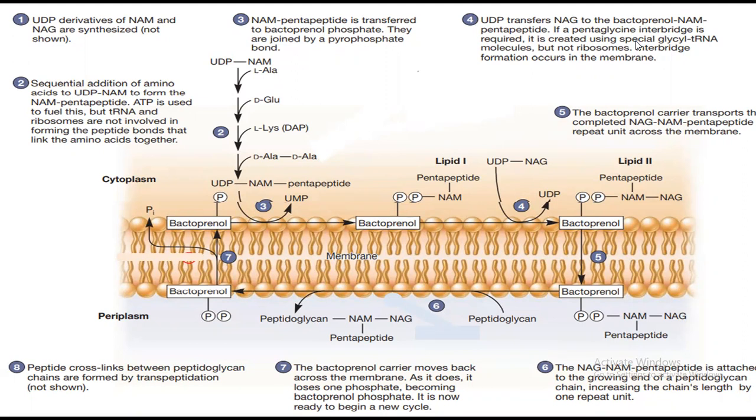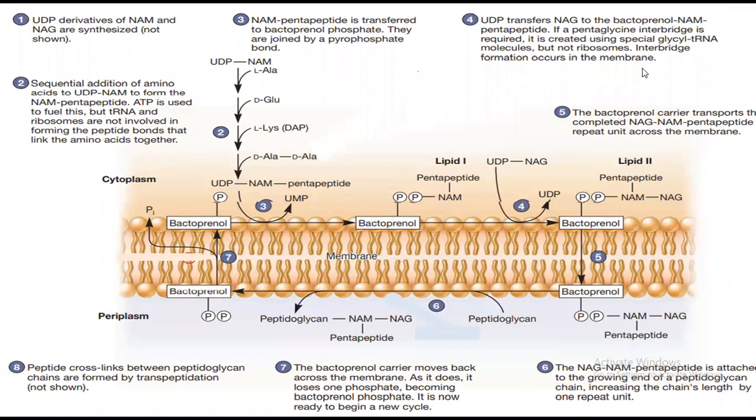Just for you people, I have not added those slides. But keep this in mind, that bacteria can synthesize them inside the cytoplasm. Keep this concept in your mind. Now we will start from the beginning.